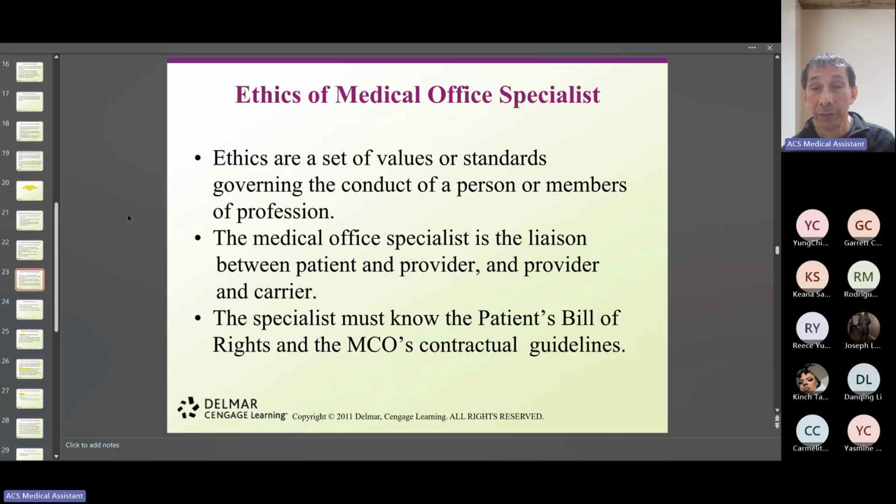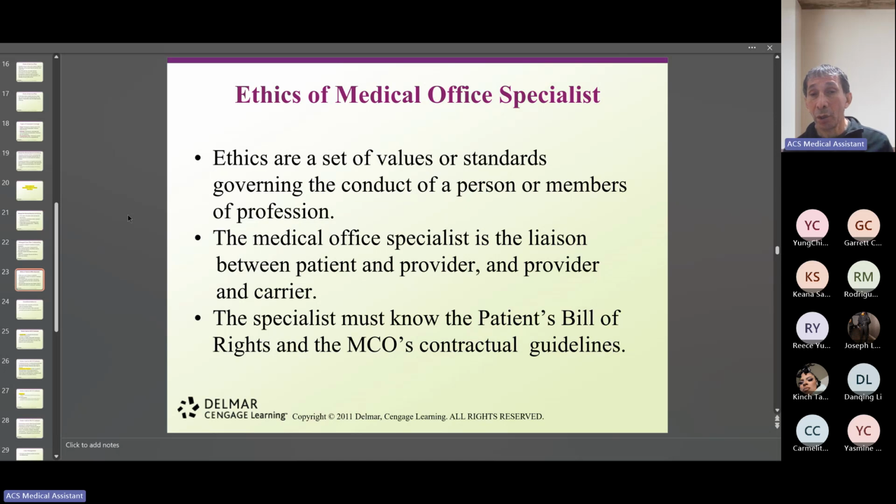And if you don't do it correctly, then you can affect the process of receiving reimbursement, or the patient receiving services that are appropriate for that condition or any conditions that they may have where treatment is required. So that's basically what it is.